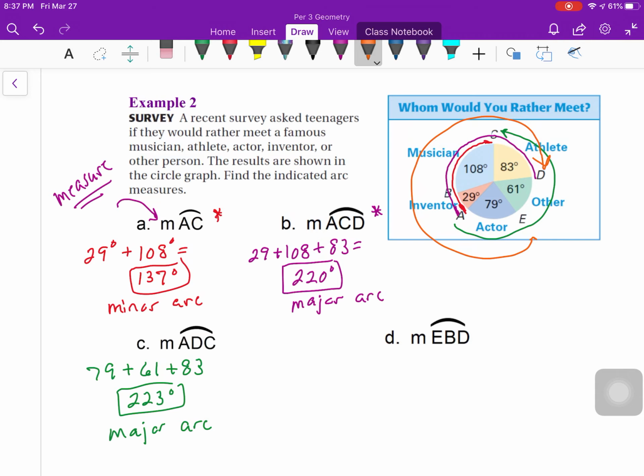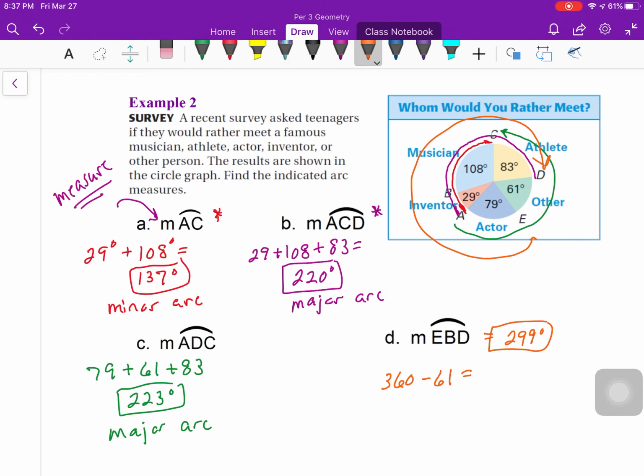Well, we could add all of those together, but when I look at that, E through B to D is really the entire circle except that green 61 degrees. So it might be more efficient to just take 360 minus 61. And if I take 360 minus 61, I get 299.